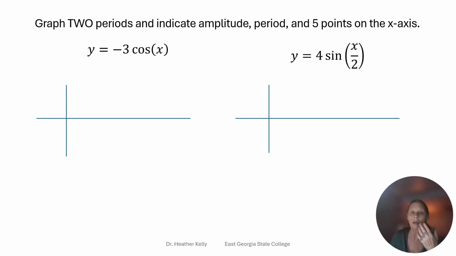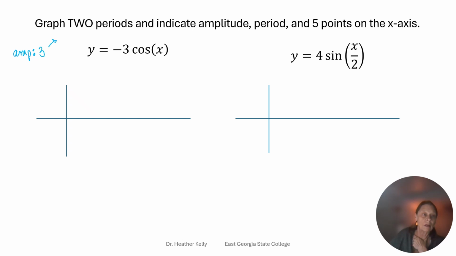If we were not in an online class, we would have face-to-face exams, and this is exactly what I would be asking of you on the exam. So let's get busy here. Let's get our info. Our amplitude is 3.